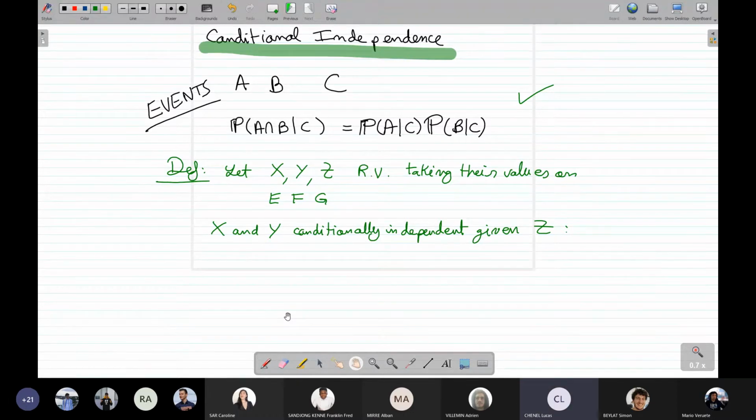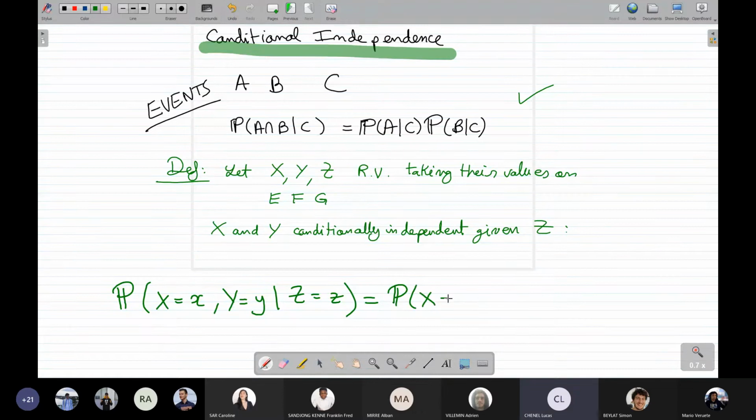C'est un peu pareil. On écrirait P de, par exemple, la probabilité de X égale petit x et Y égale petit y, sachant que Z égale petit z, égale à, du coup, la probabilité de X égale petit x sachant Z égale petit z, fois la probabilité de Y égale petit y sachant Z égale petit z.